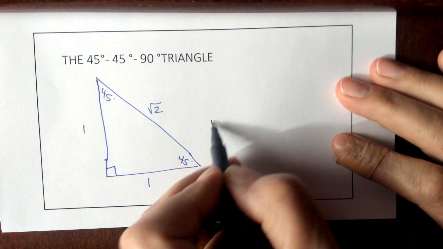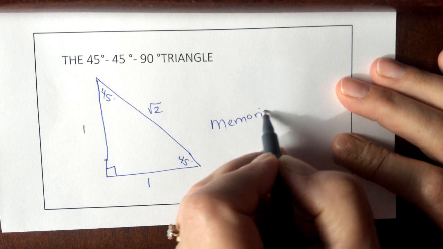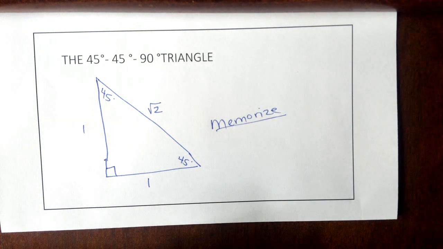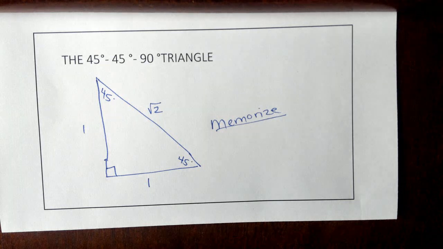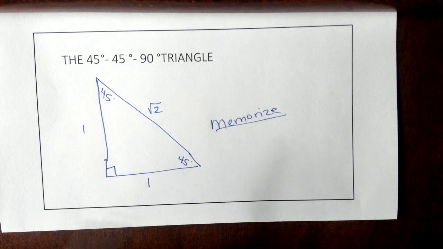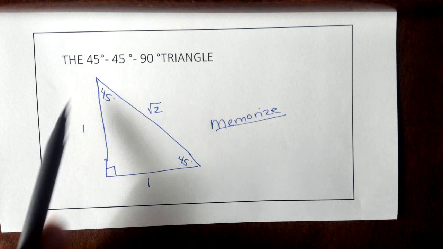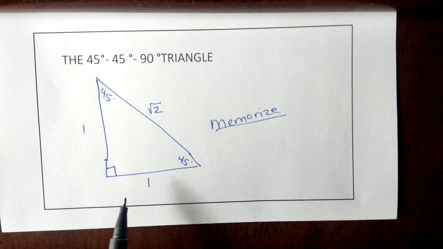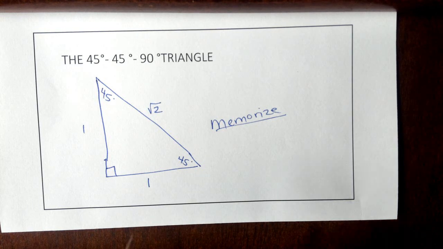You need to memorize this triangle, and we'll need to be able to draw it at a moment's notice and label the sides and angles appropriately. The orientation may change. You may turn it around in different directions, but this is our sort of basis triangle that we use to solve other triangles that are similar to this one. Commit that to memory.